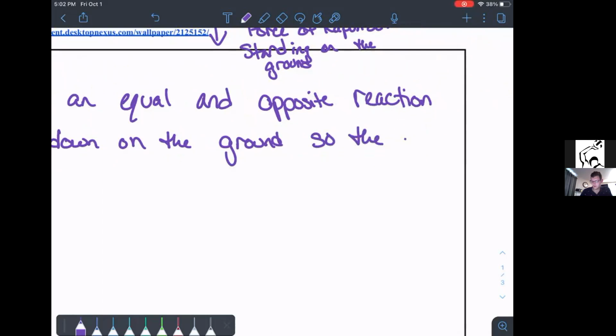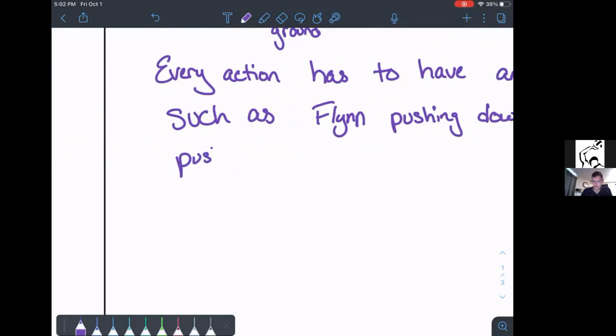So the ground pushes back on Flynn, pushes up on Flynn.